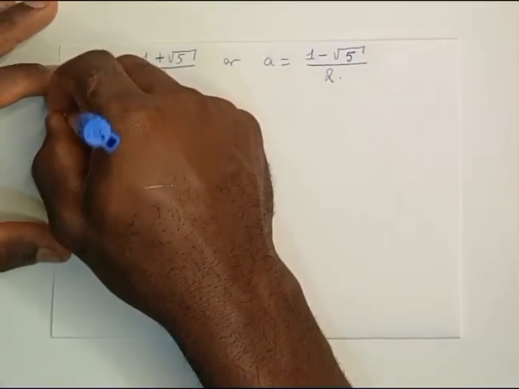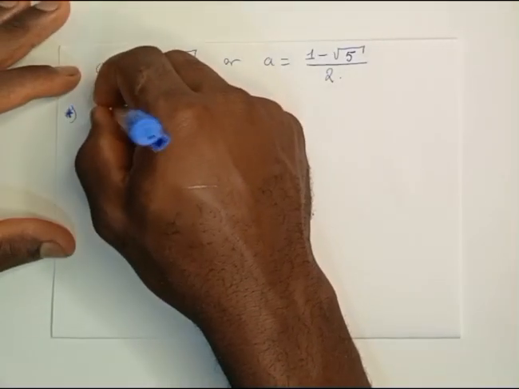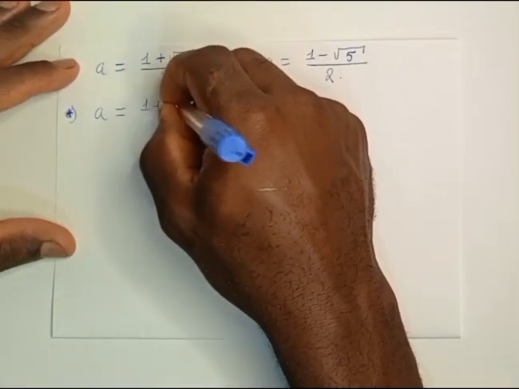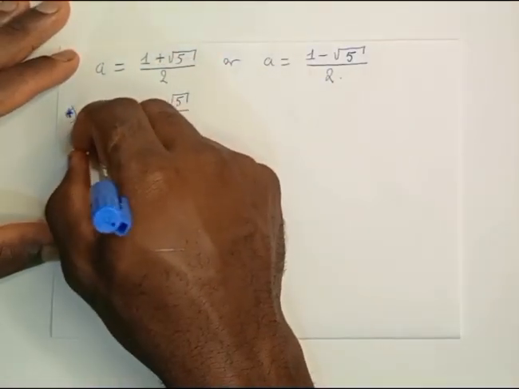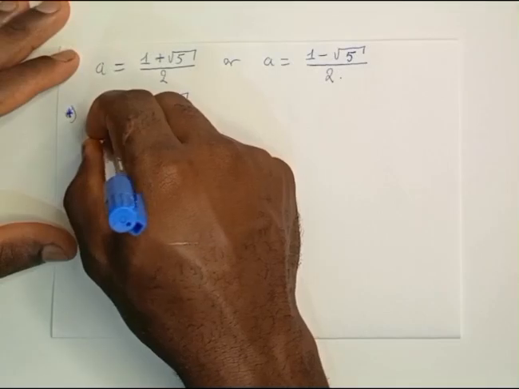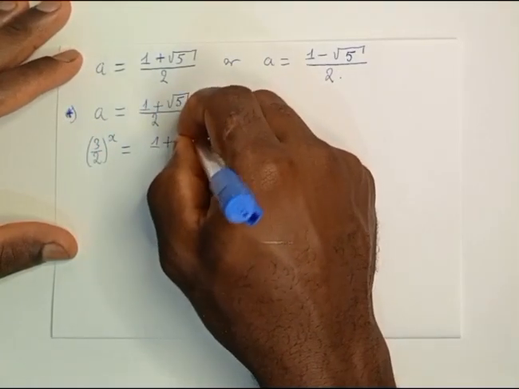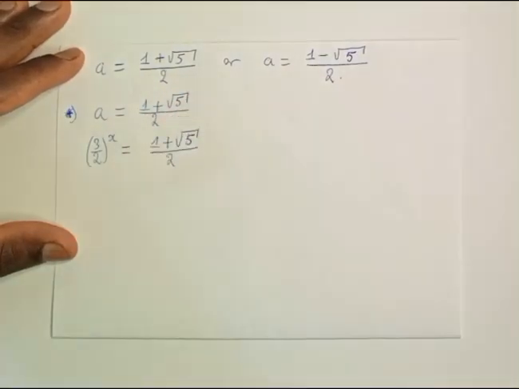If you take the first one, E equal to 1 plus root 5 all over 2. It simply means 3 over 2 raised to the power X is equal to 1 plus root 5 all over 2.